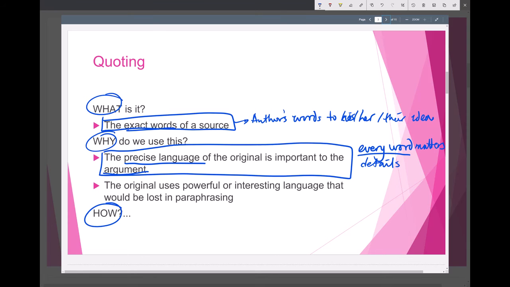So an example of this, maybe, let's say if you're in court and you are trying to use what somebody said as evidence, like a statement. Or maybe a powerful saying.